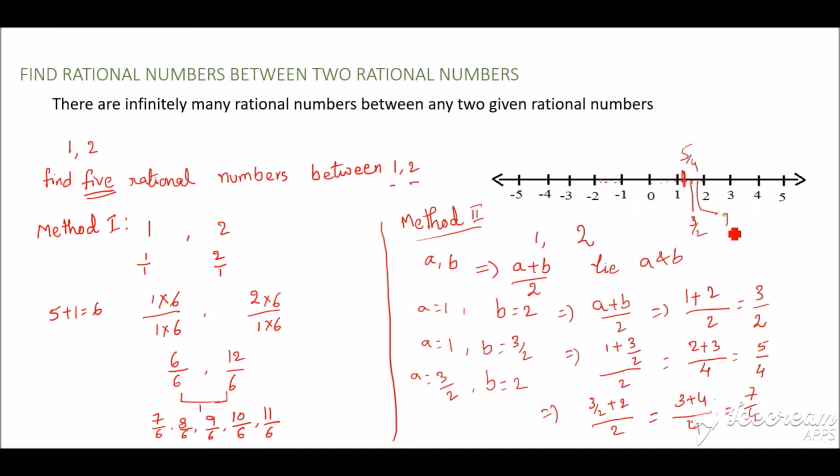So like this we can find any number of rational numbers. If you observe on the number line, in between 1 and 2 exactly 3 by 2, again in between exactly 5 by 4, again in between 3 by 2 and 2 exactly 7 by 4. Like this we can find any number of rational numbers by using the (a plus b) by 2 formula.